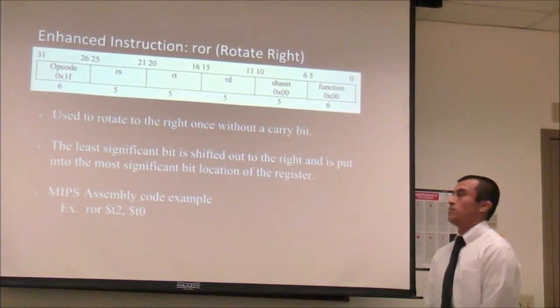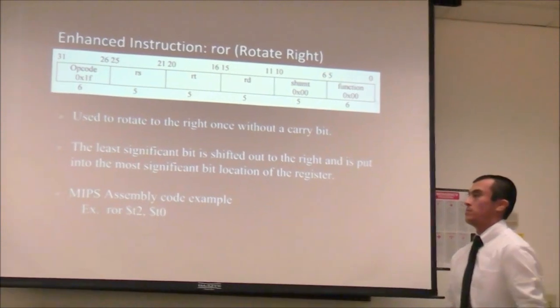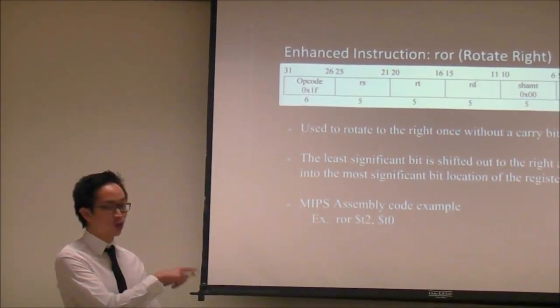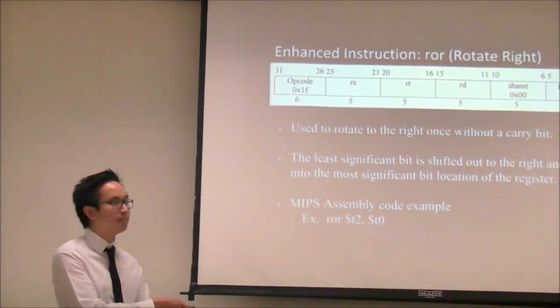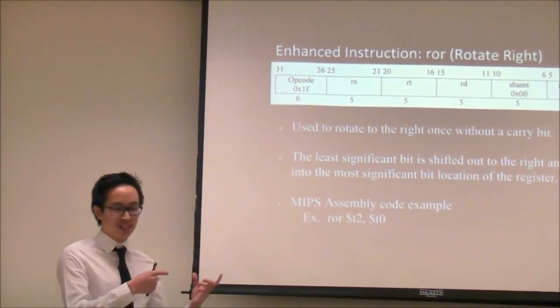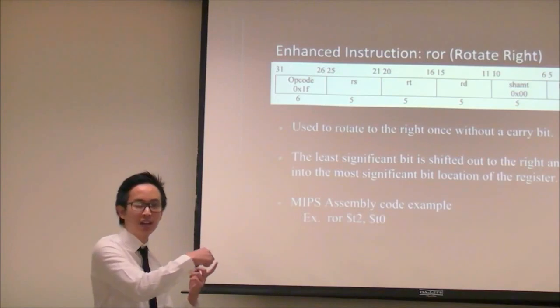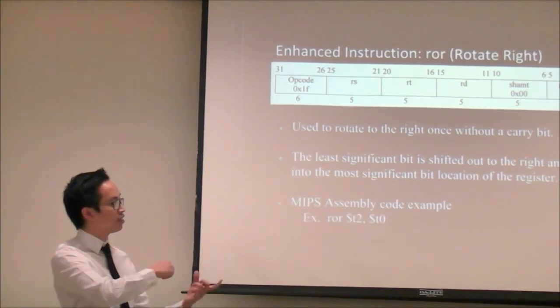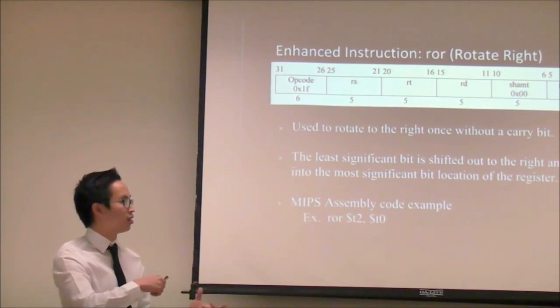So another one of our enhanced instructions is the rotate right instruction, which is shortened to ROR, used to rotate to the right once without a carry bit. What happens in this case is the least significant bit is shifted out from the register and put into the most significant bit location of the register.